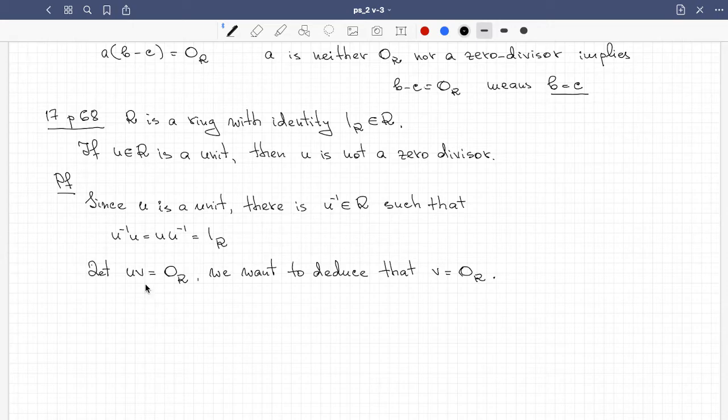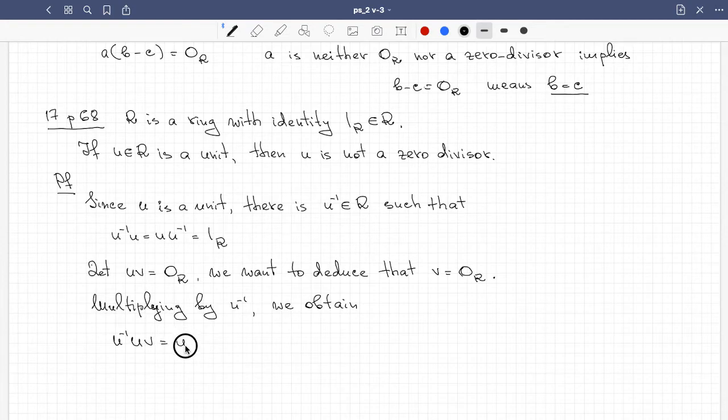We multiply this identity by U inverse on the left. U inverse UV equals U inverse multiplied by 0.